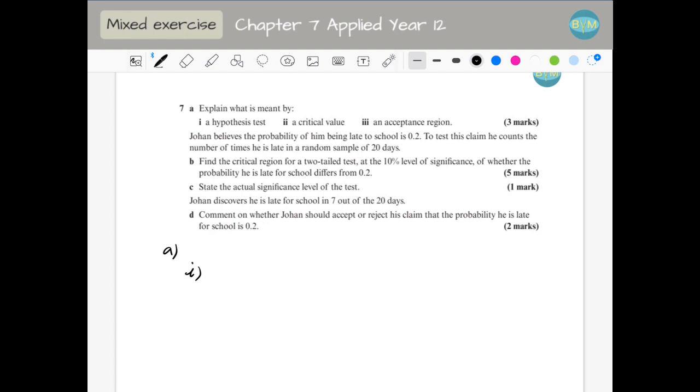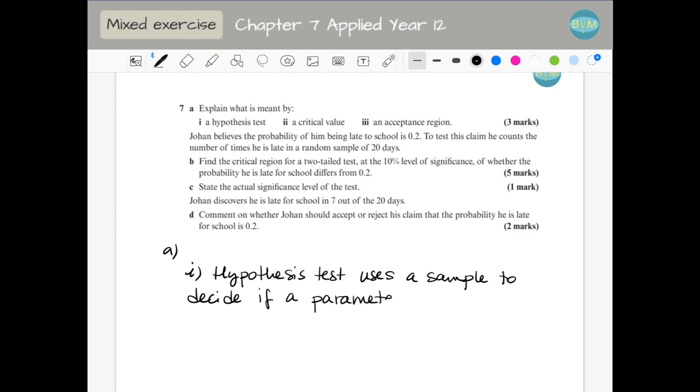So we use a sample. A hypothesis test uses a sample to decide if a parameter of a population, in these questions going to be the probability of a binomial distribution of the population, has a particular value.